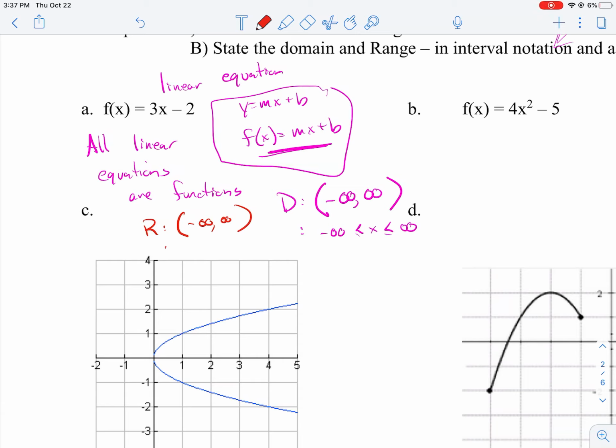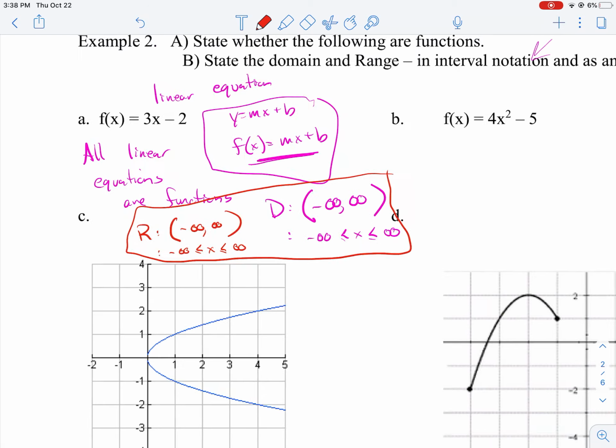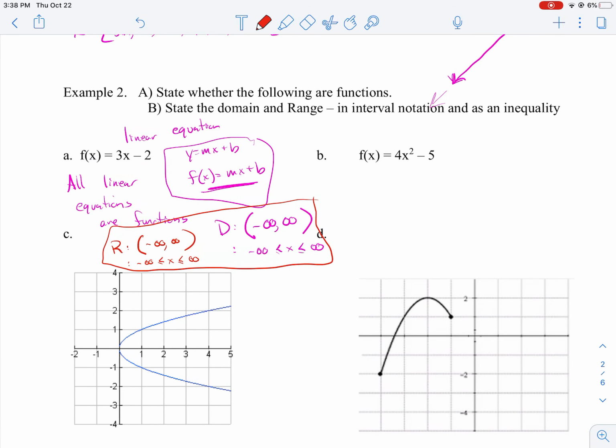And so our range, negative infinity, greater than or equal to x, greater than or equal to okay? So x can be any value in between negative infinity and positive infinity. That's what it means to write it in interval notation and as an inequality.